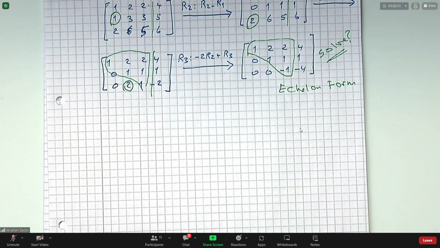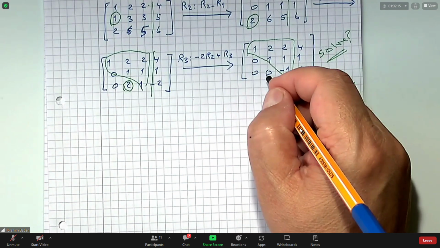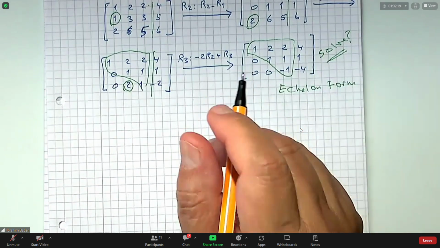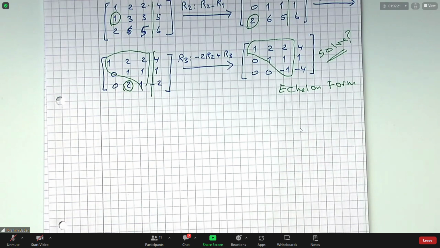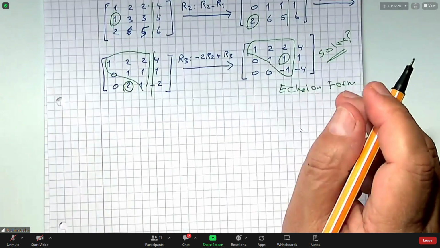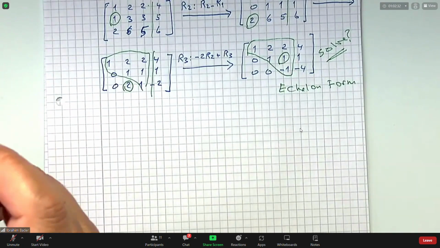Okay, reduced echelon form means that on the diagonal you will have 1, and elsewhere you have 0. You need to eliminate 3 more elements here. So let's start with eliminating this one here. Obviously, if you add it to the third one, you are there.